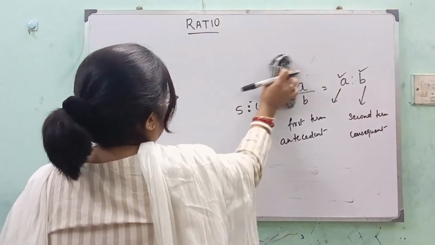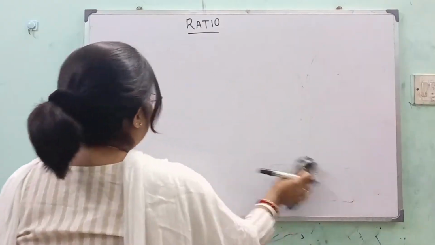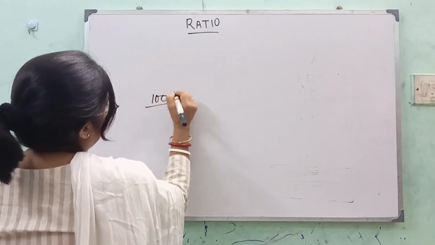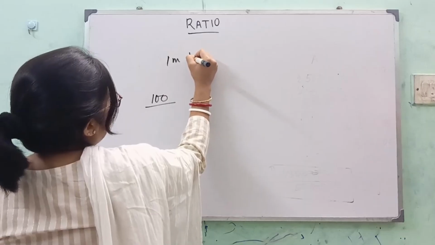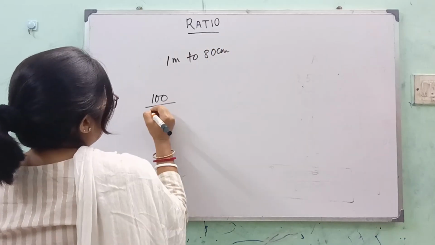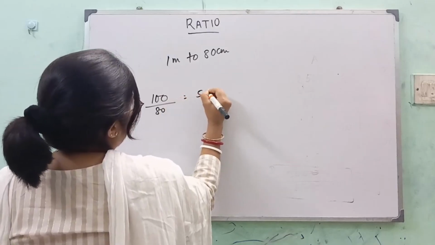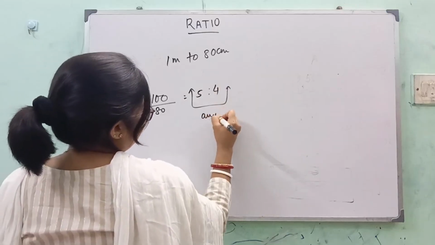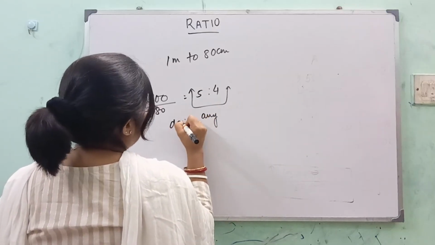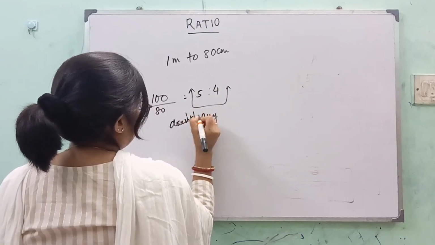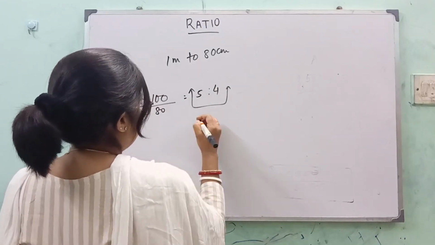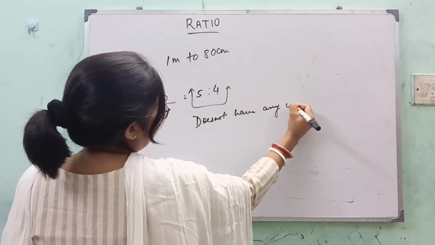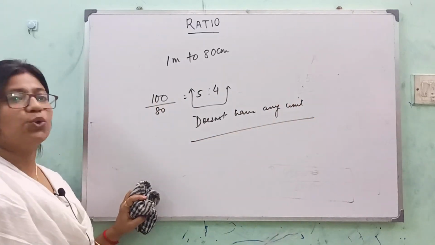Remember one more thing while doing ratio. When we find the ratio of two quantities, like we did for the previous sum, it was 1 meter to 80 centimeter. We got 100 by 80, that is 5 is to 4. Remember, ratio will not have any unit.